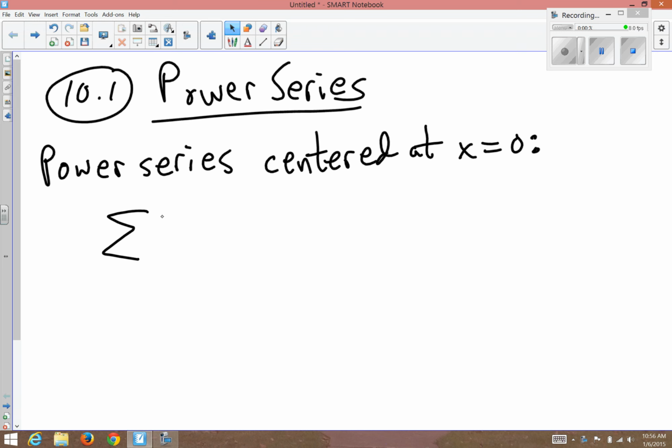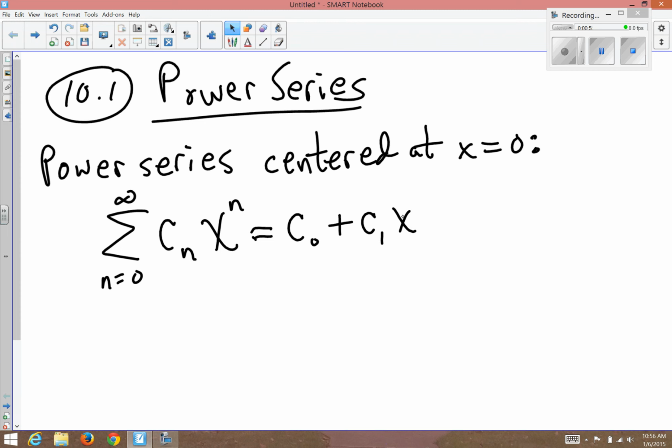Sigma c subscript n, c meaning a constant, times x raised to the n going from 0 to infinity, which means c subscript 0 times x to the 0 plus c sub 1 times x to the first plus c sub 2 times x to the second plus dot dot dot c sub n times x to the n plus dot dot dot.